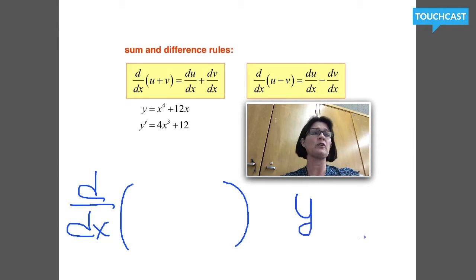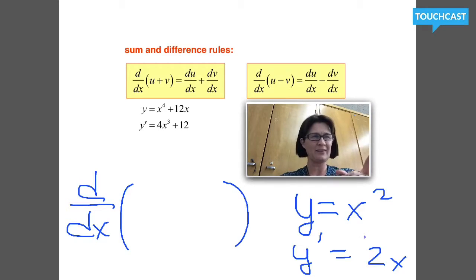I'm going to use all those different notations for the derivative. So if I start with a function y equals x squared, I might call the derivative y prime equals 2x. That's one of the rules you just learned, right? I might call the derivative dy dx. Same, it means the same thing.